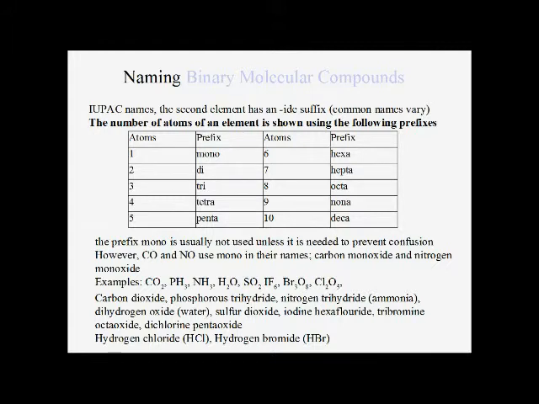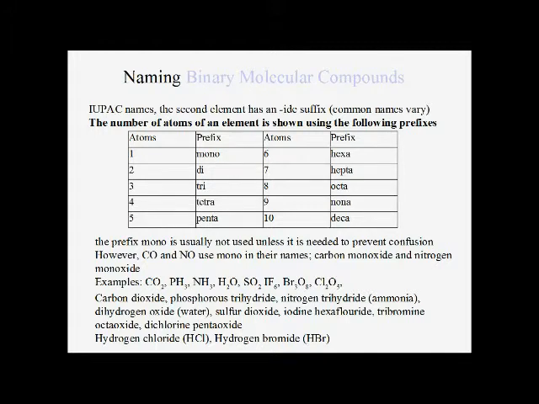So the two common ones that we'll see with the prefix mono are going to be CO. We're not going to use it on the first element, so this is going to be carbon. The second element, oxygen, will become oxide, and in this case we use the mono prefix. And it won't be monooxide, but it will be monoxide. So CO is carbon monoxide.